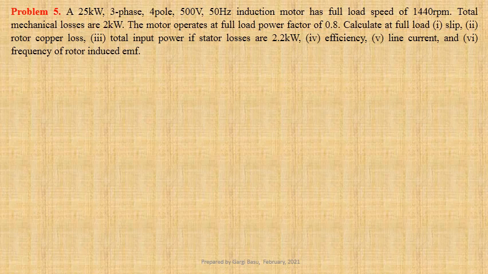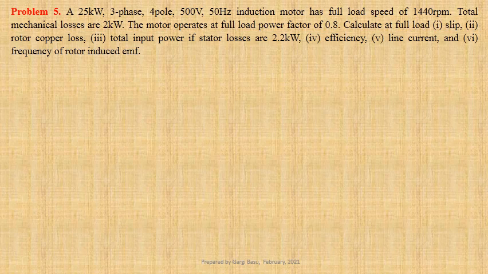The motor operates at full load power factor of 0.8. We have to determine at full load slip, rotor copper loss, total input power if stator losses are 2.2 kilowatt, efficiency, line current and frequency of rotor induced EMF.